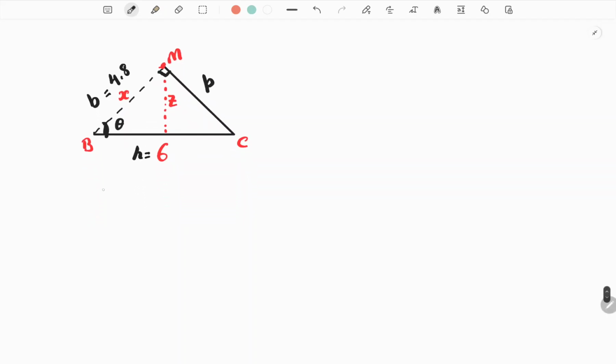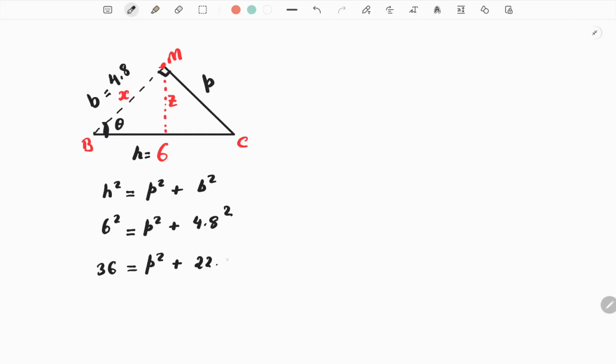So from this figure, if we use the formula H square is equal to P square plus B square, then instead of H, I'll put 6, so it becomes 6 square. P will remain, so P square. Instead of B, I'll put 4.8 whole square. So 6 square becomes 36, then P square plus, 4.8 whole square by calculation turns out to be 22.04.